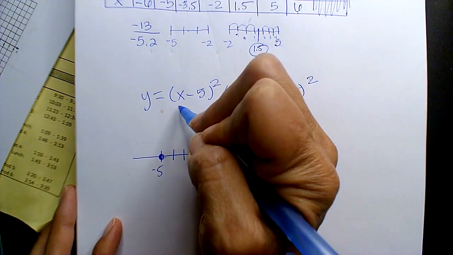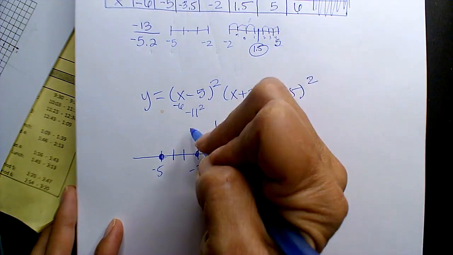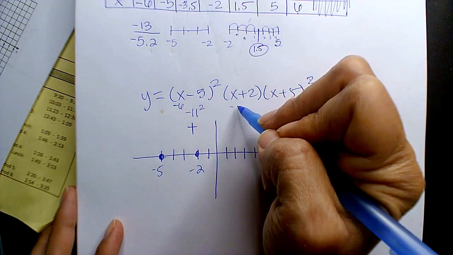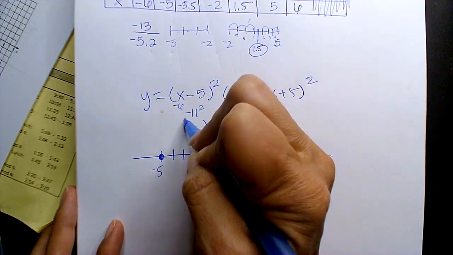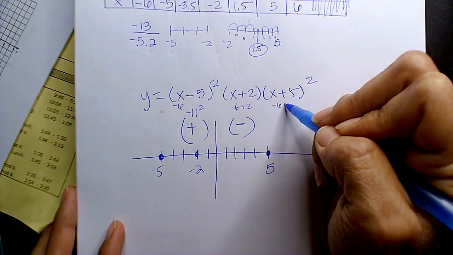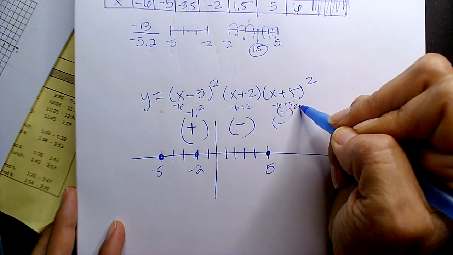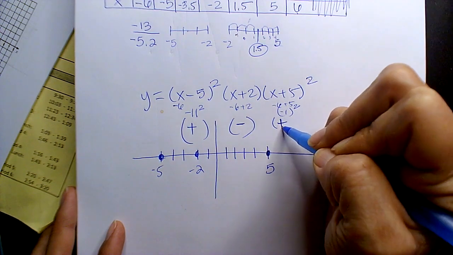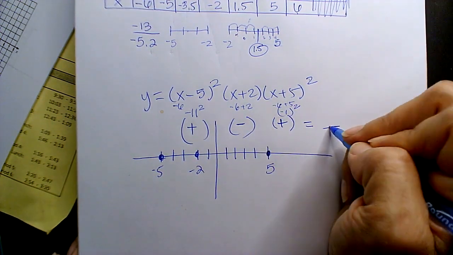So if I plug in -6, I get -11 squared, which is a positive number. -6 plus 2 is a negative number, so that's a negative. And -6 plus 5 is -1, squared gives me a positive number. A positive, a negative, and a positive gives a negative.